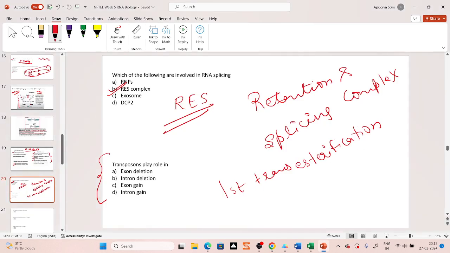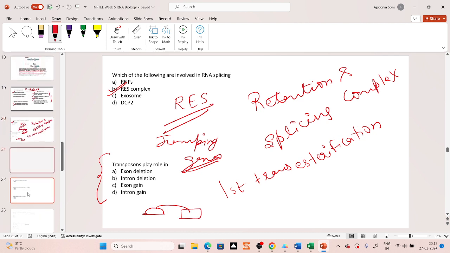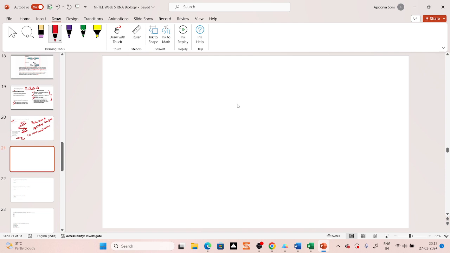Okay, fine. So basically, transposomes are known as jumping genes. Transposomes are the jumping genes in normal terms. So what does it mean? It means that they can be taken from one place and go to another place.